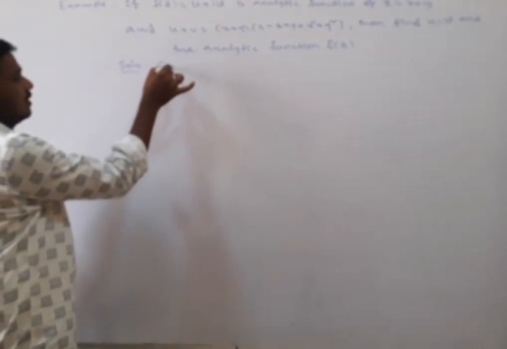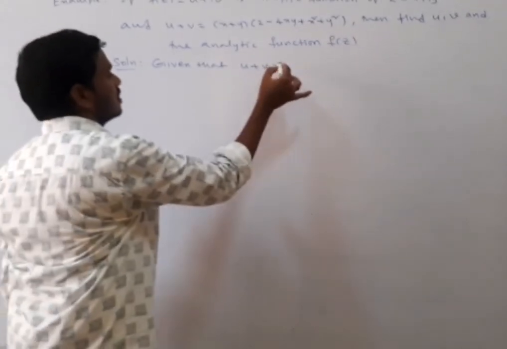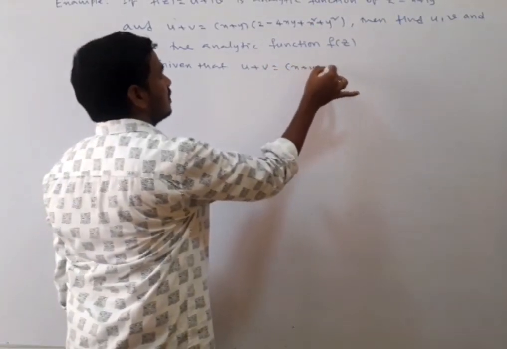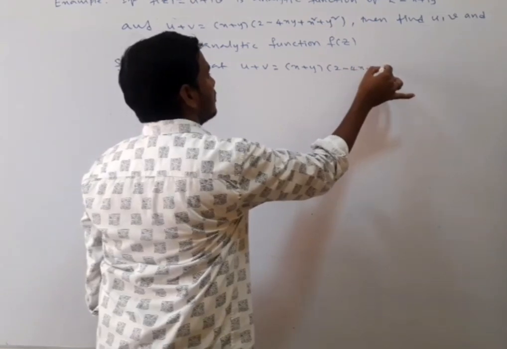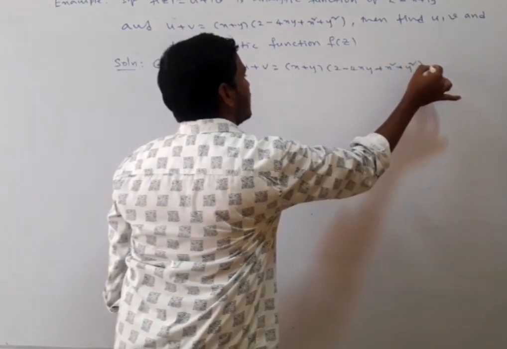It is given that u + v = (x + y)(2 - 4xy + x² + y²).